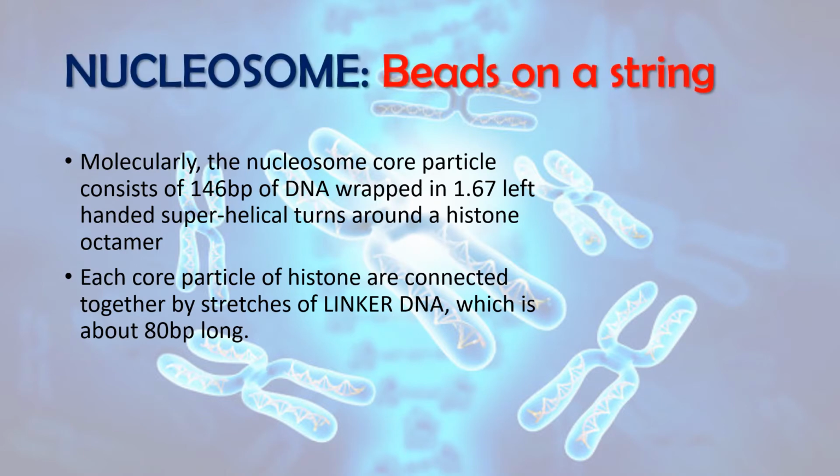Molecularly, the nucleosome core particle consists of 146 base pair of DNA wrapped in 1.67 left-handed supercoiled superhelical turns around a histone octamer. Hope you all understood the nucleosome structure, which resembles a bead in a chromatin.